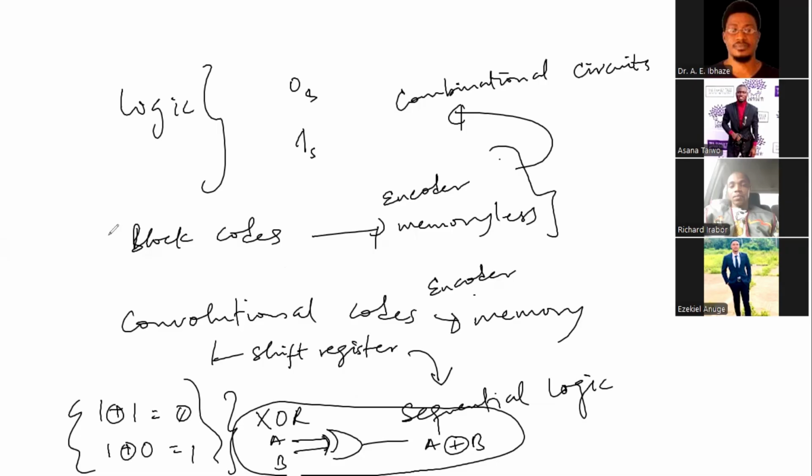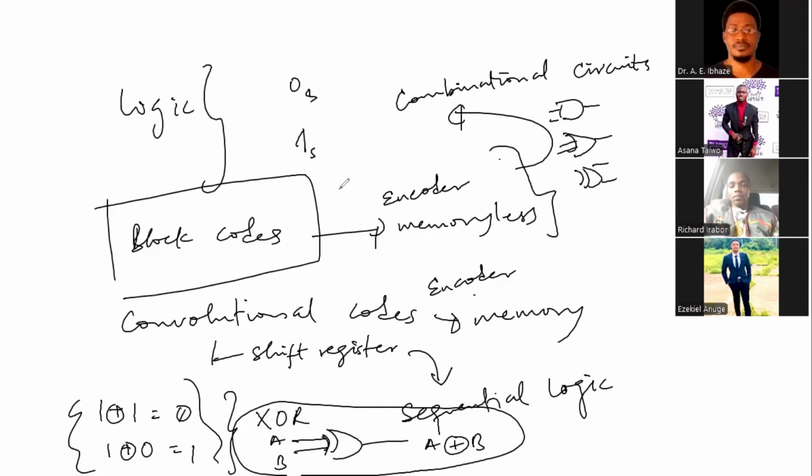We now know that if we have to implement the block codes, we are going to be using all of those AND gates, OR gates, exclusive OR gates, even NAND gates, NOR gates, exclusive NOR gates, even the NOT gates, the buffer.